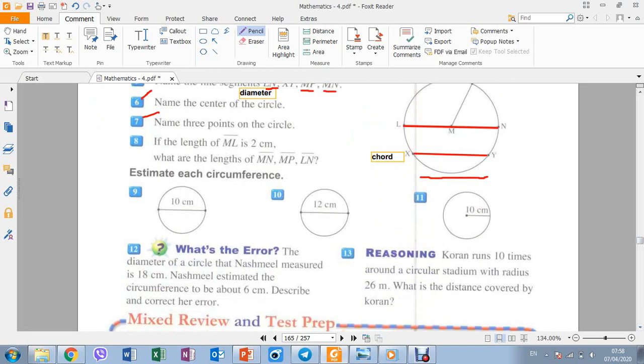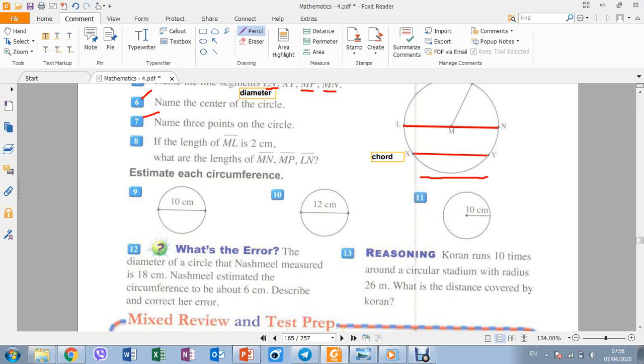I solved this one, number 9. In the model when I made it, we knew that the circumference is 3 times the diameter, okay. So here they ask us to estimate the circumference. It tells us estimate because we don't put exactly 3, that's estimated. So we have 10.